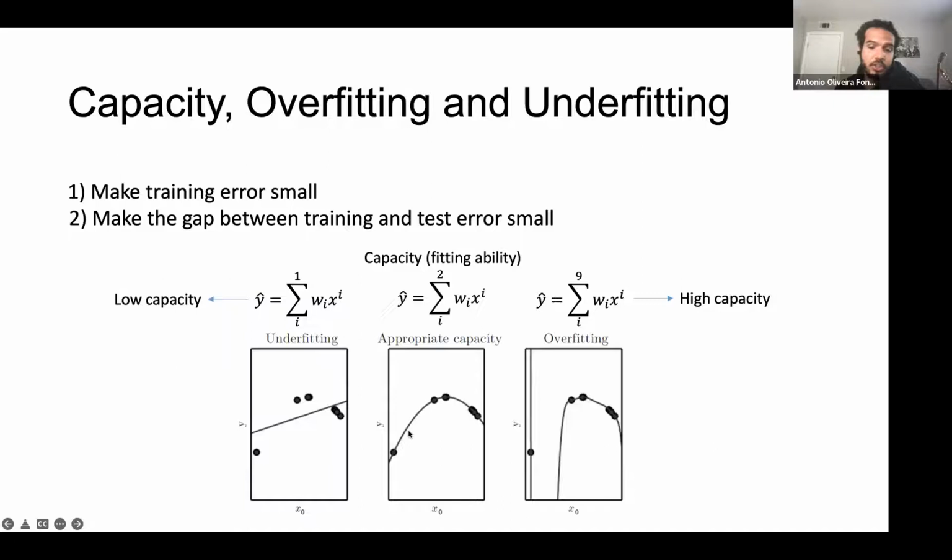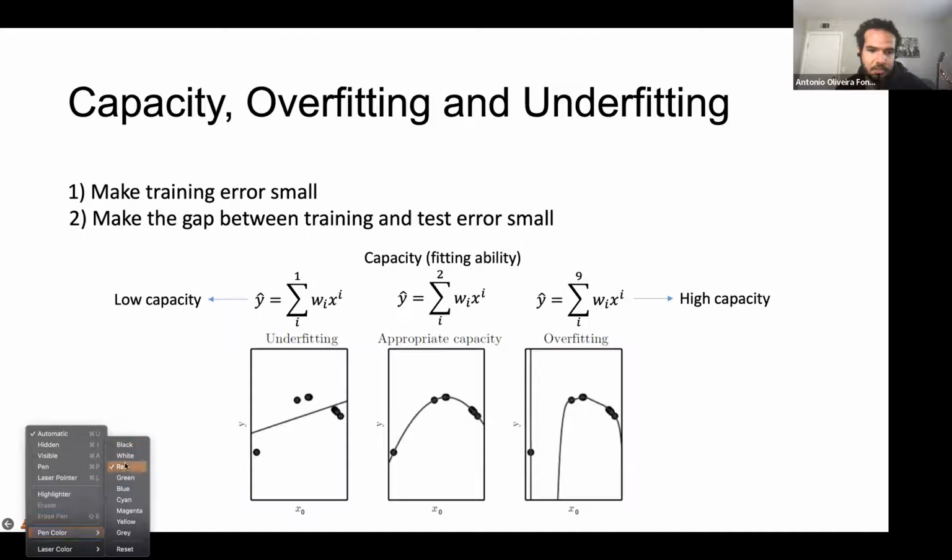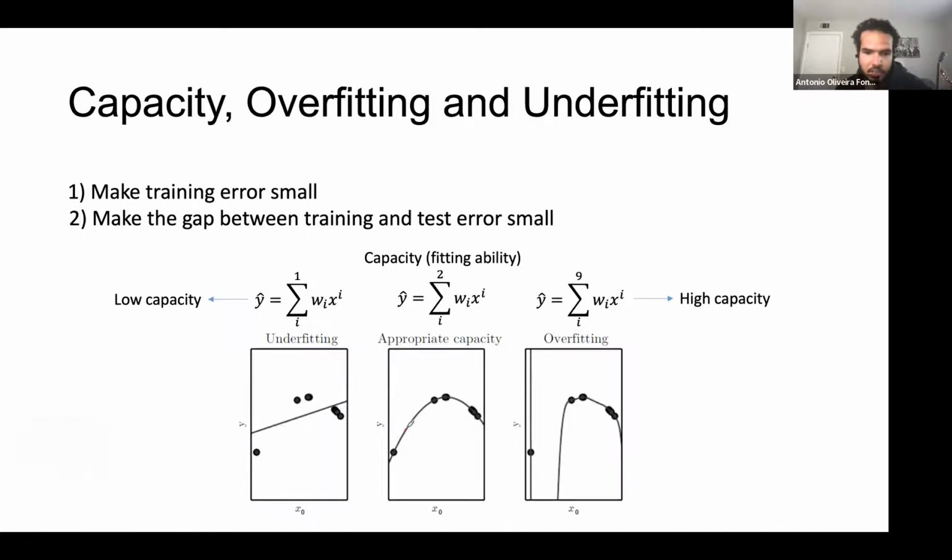Now we're going to consider that those points are my test data set. Let me add a pen here. So this guy here. If I do the prediction with this model that had 9 perceptrons versus this one, the error in this one is lower for the test set than in that one. You see that the error here is going to be massive.